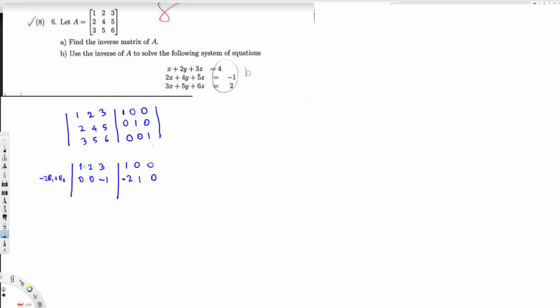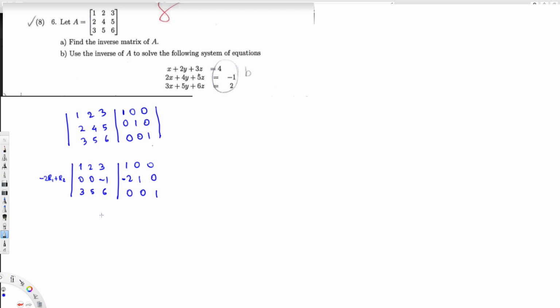Then the third one, I copy as it is: 3 5 6 0 0 1. If you see, the second row is almost similar to the third one, right? So I can simply flip the second row with the third one.